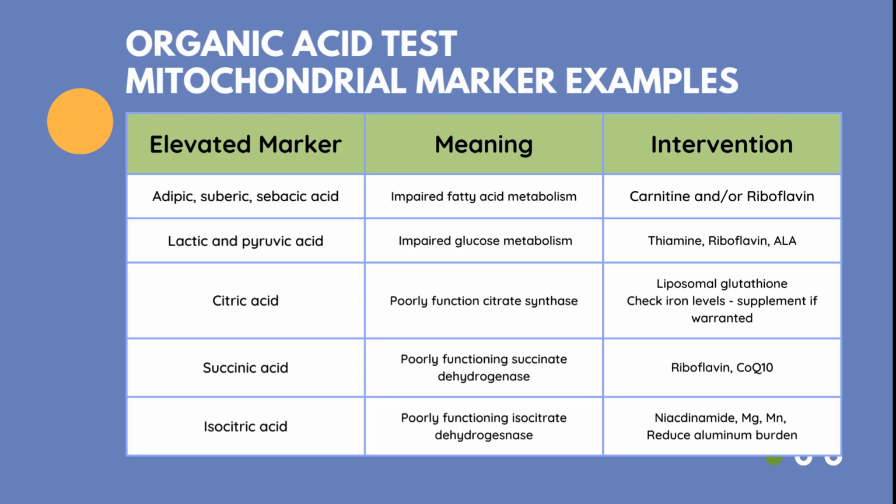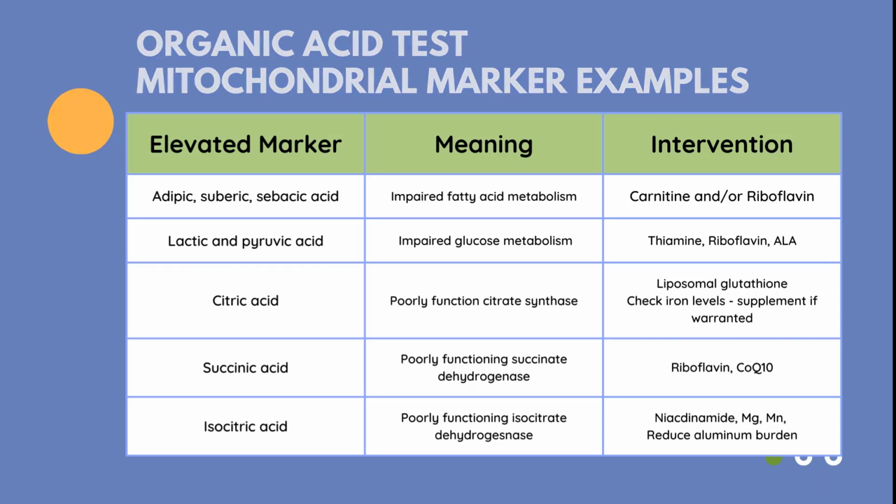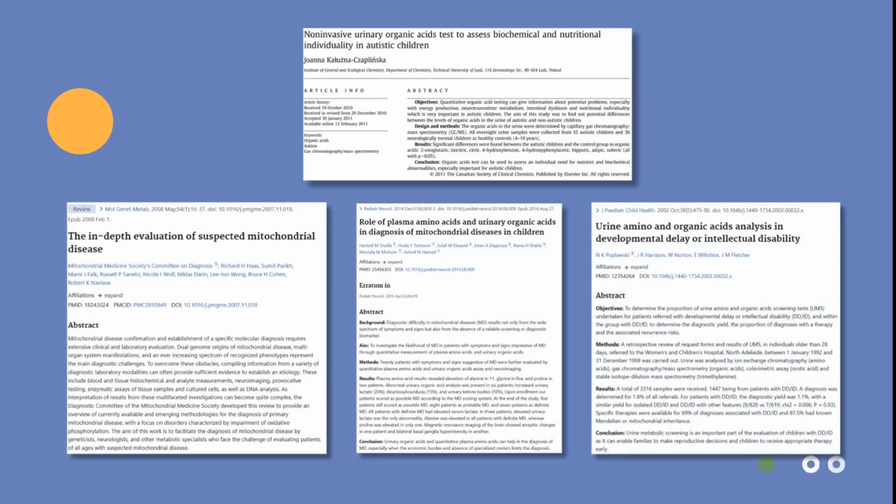Isocitrate dehydrogenase is dependent on vitamin B3, magnesium, manganese, and it's inhibited by aluminum. So, of course, we look into all the ways that we can reduce the aluminum burden. A lot of this, you want to look at the work of Dr. Chris Exley, and silica-rich water is very important here from Dr. Chris Exley.